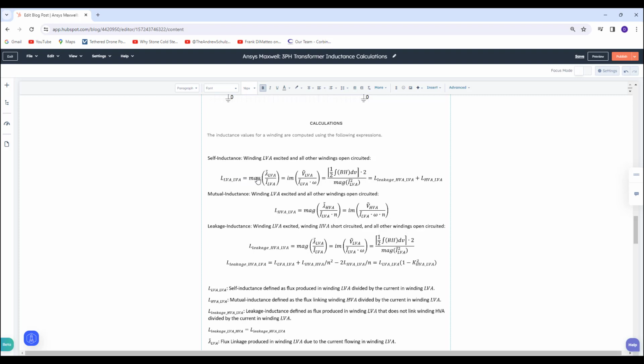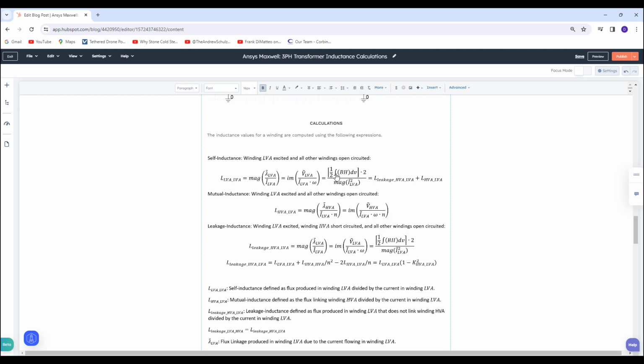To determine the self-inductance, we take the magnitude, so self-inductance equals the magnitude of the flux linkage in winding low voltage phase A divided by the operating current in low voltage phase A. This is also equal to the imaginary part of the impedance of the excited winding divided by the operating frequency omega.